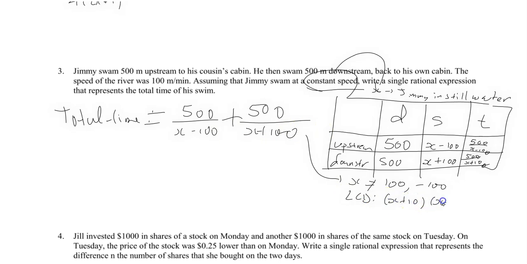So we're not solving this. So the LCD is just going to be one of each of these. So let's just go, time is 500 over x minus 10, and our LCD, x plus 10.